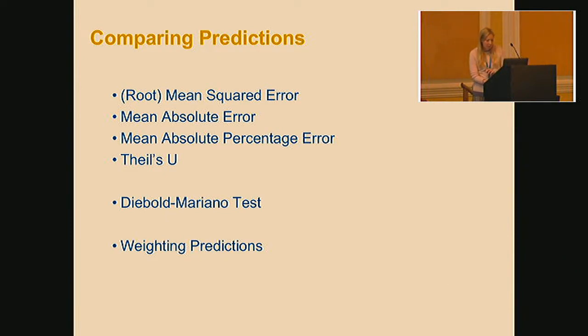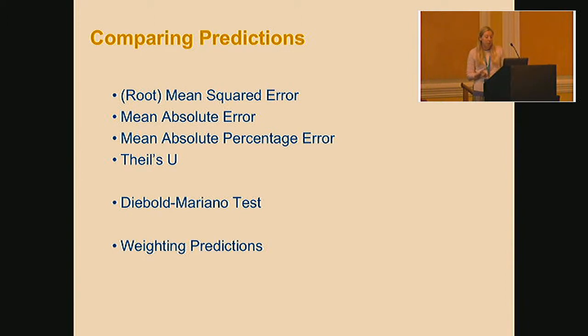And then there's the Diebold-Mariano test, which goes one stage further. Once you've got your comparative statistics, it then says, are these forecasts actually significantly different, as opposed to one just being better than the other? Is it statistically better? And then weighting predictions.